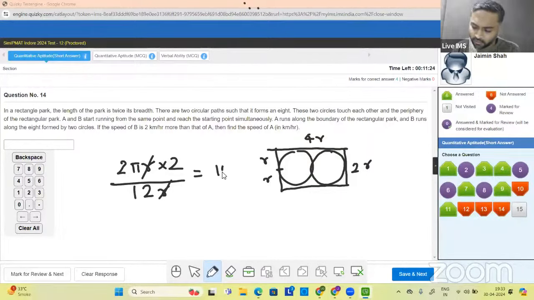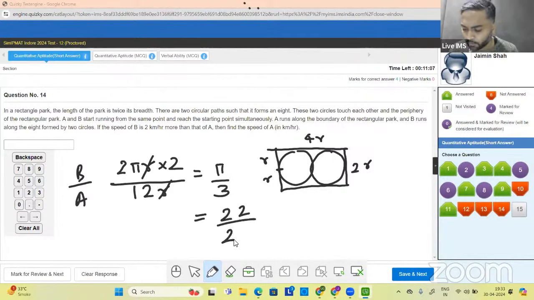Pi by 3. So this is the distance ratio of distance traveled by B and A, sorry, this is B and A. This is 22 by 21 basically. Okay. ठीक है.